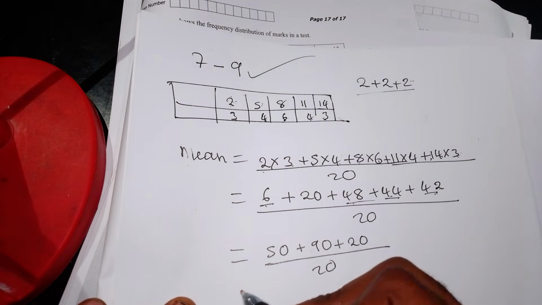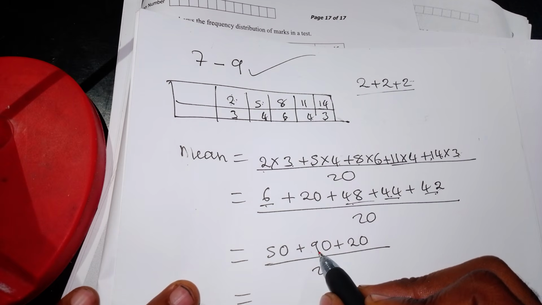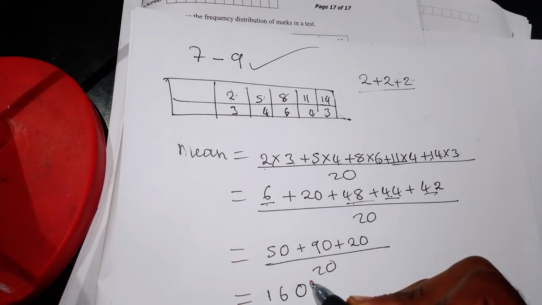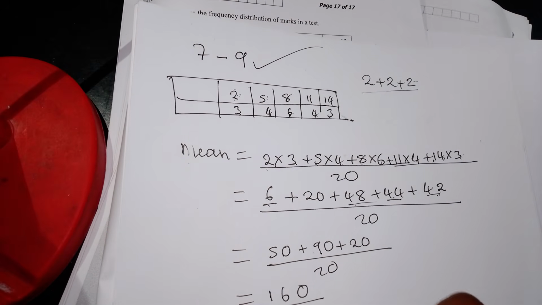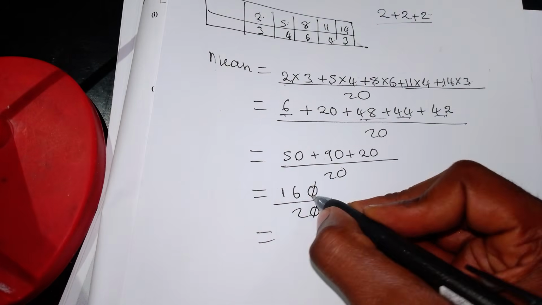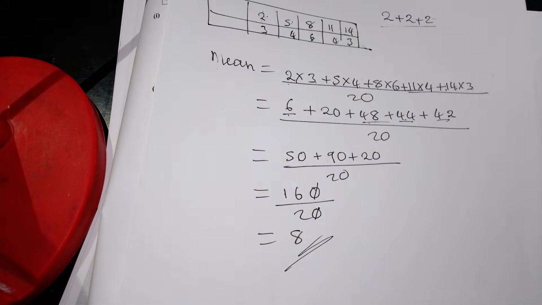Yeah, and then this plus this is 111 plus this, that's 160. So we have 160 over 20. And then we can just divide these two numbers, and our answer will be an 8, and you're done.